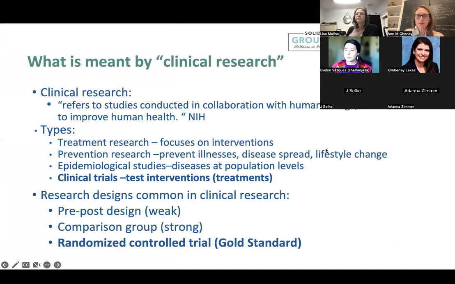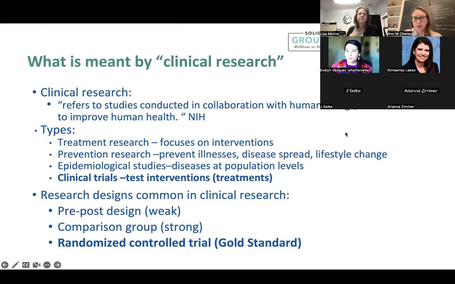So when we think about clinical research, we are specifically thinking about research that is intended to improve human health. That could be individual health, community health, population health. But the idea is improving human health.